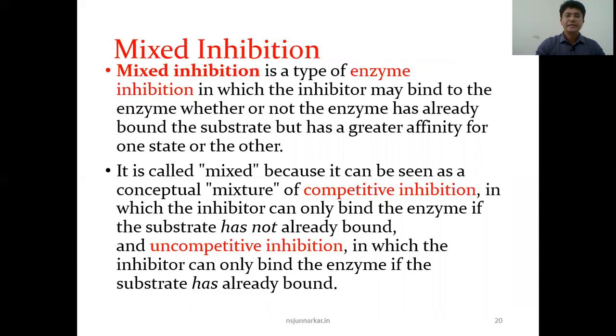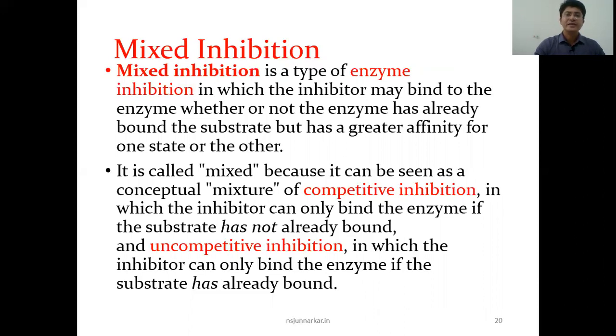Mixed inhibition: in this case, the inhibition pattern seen is a mixture of the competitive inhibition and uncompetitive inhibition. But in case of mixed inhibitor, the inhibitor has slightly more affinity towards one of the states, that is, it may have more affinity towards the free enzyme, or more towards the ES complex.